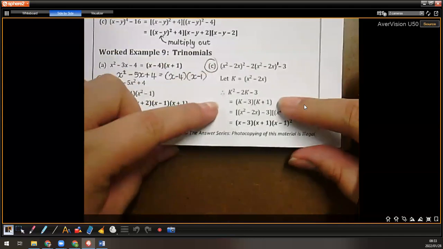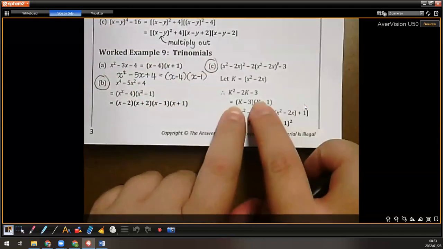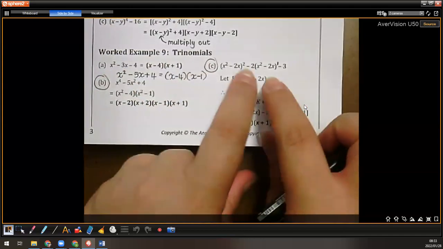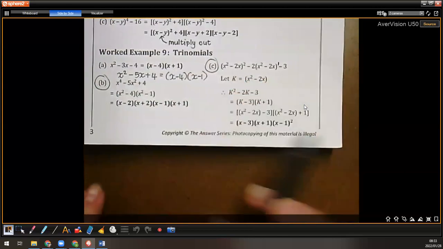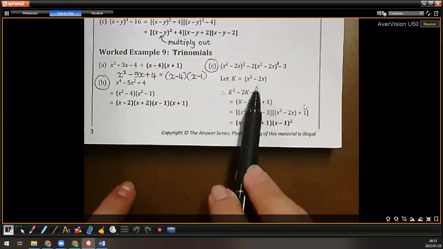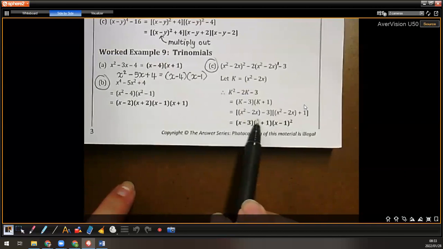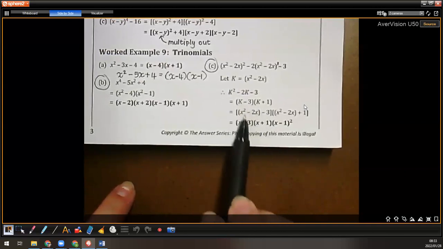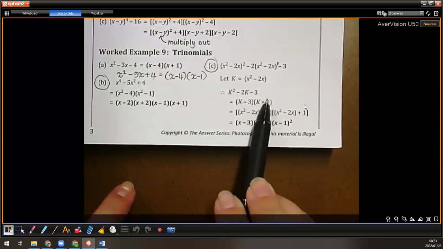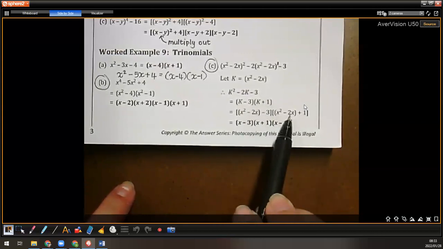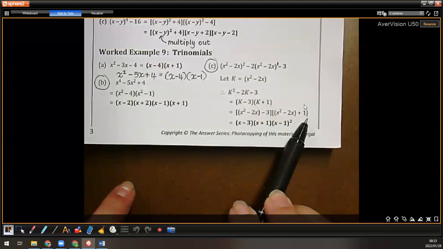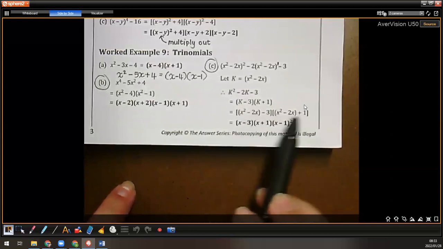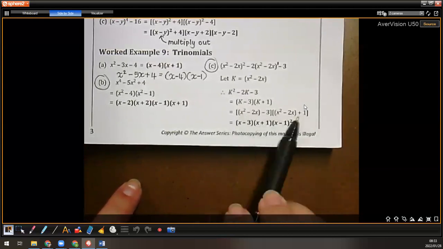So now what you've actually factorized, you need to, in the place of K, again go and put what K was actually equal to. We said that K is x squared minus 2x. Do you see now in the next line, K minus 3 is that bracket minus 3, and K plus 1 is that bracket plus 1. But now, guys, what do we have in each of these square brackets?